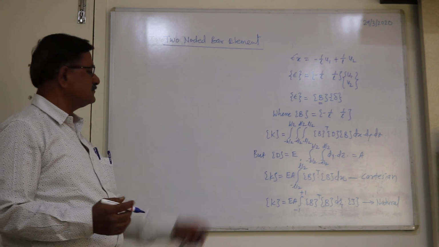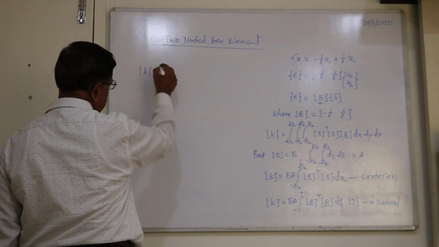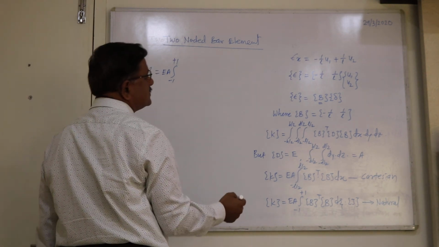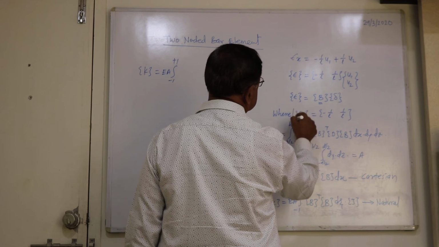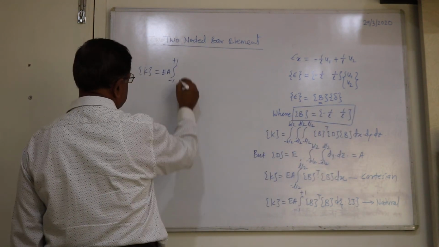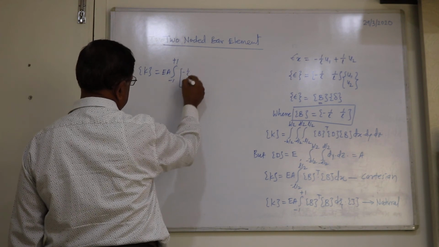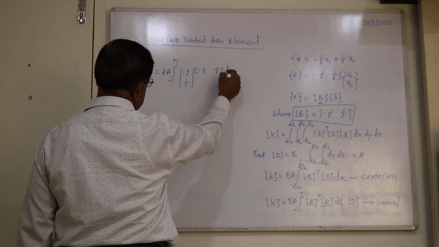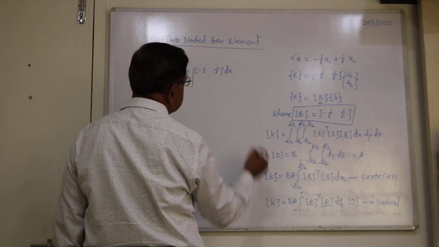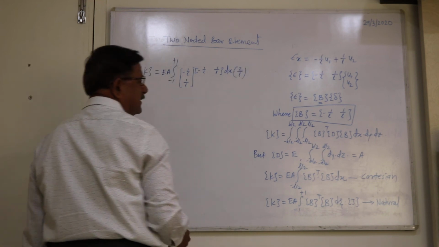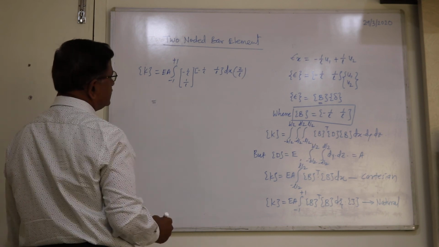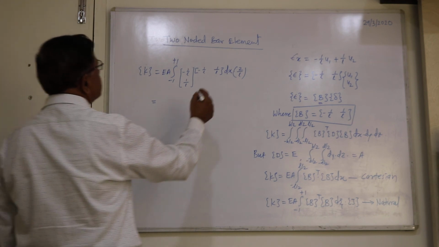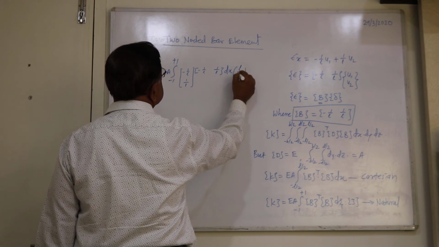So K is equal to EA integration -1 to +1, B transpose, that is -1 upon L, 1 upon L, times -1 by L, 1 by L, dxi into J. J is 2 by L, sorry, J is L by 2.